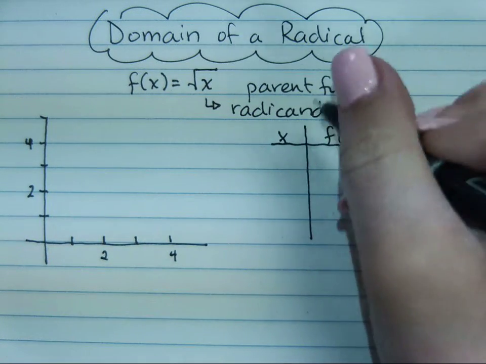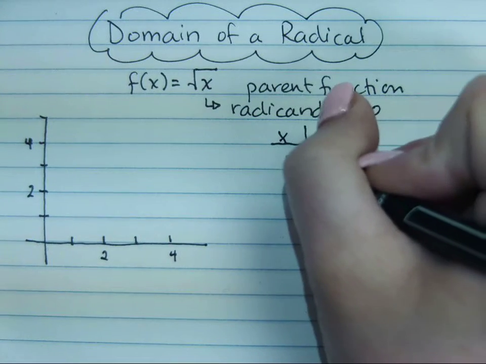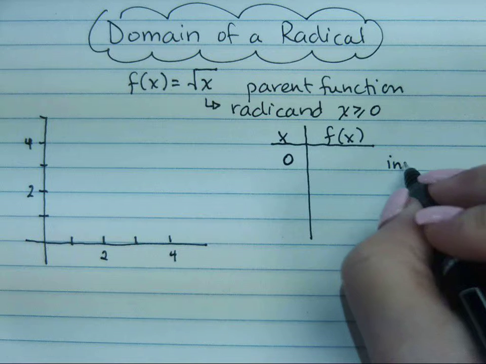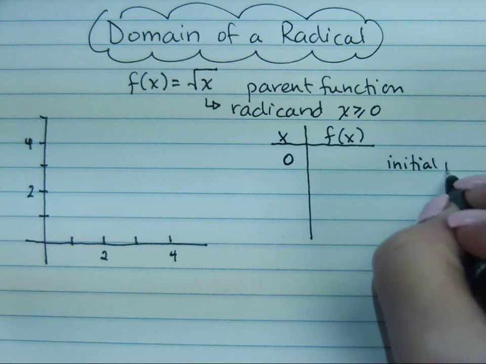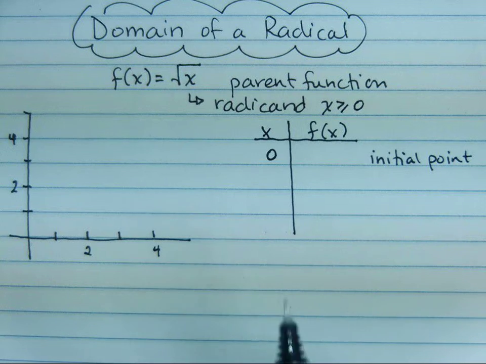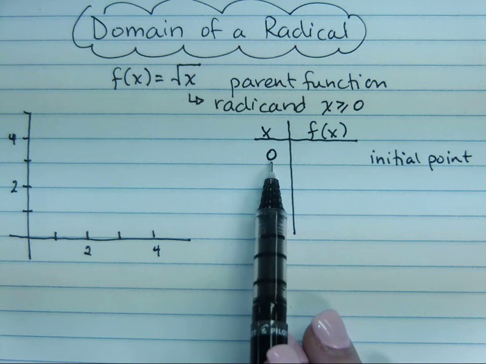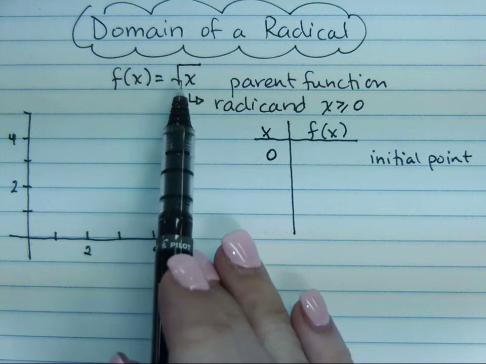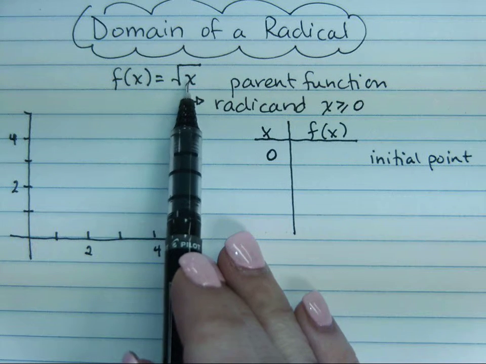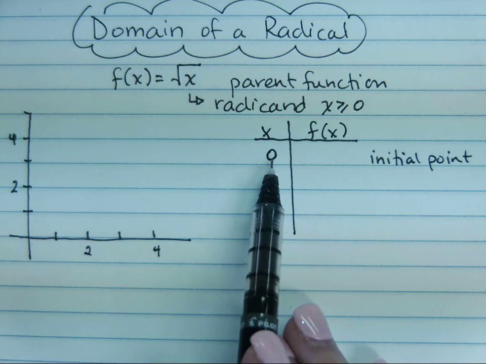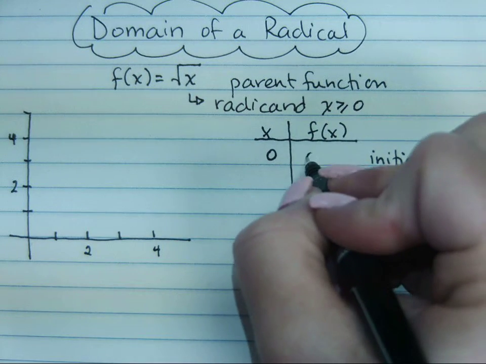Now you always start off with the first point in your domain. This is going to end up being called my initial point. We're going to talk more about that shortly. But your initial point is always the smallest x value I can use in this radical. Since I'm not allowed to use negatives, I have to start with 0. So if I plug 0 into the square root, I get the square root of 0 is 0.